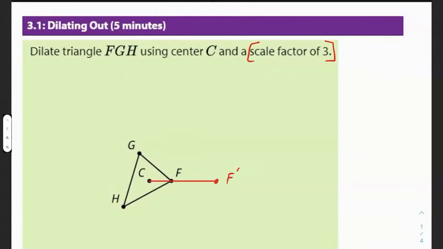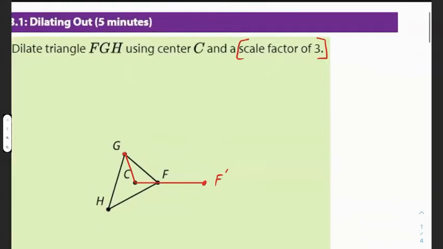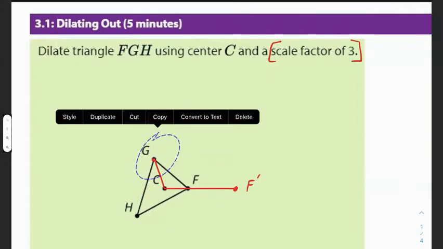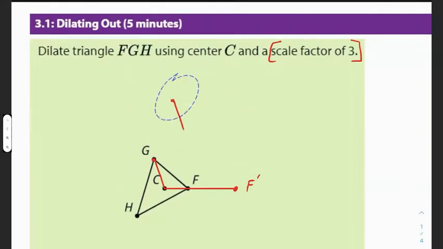G is going to do the same thing. So from C to G, it's going to have the same effect. There we go.